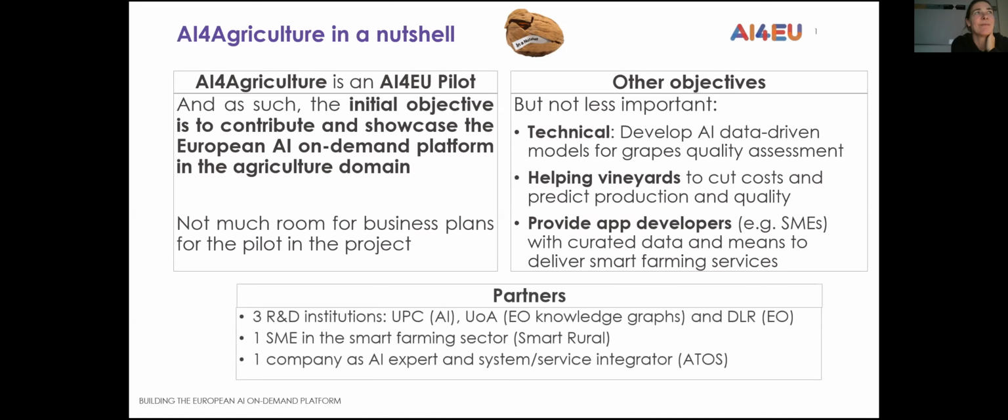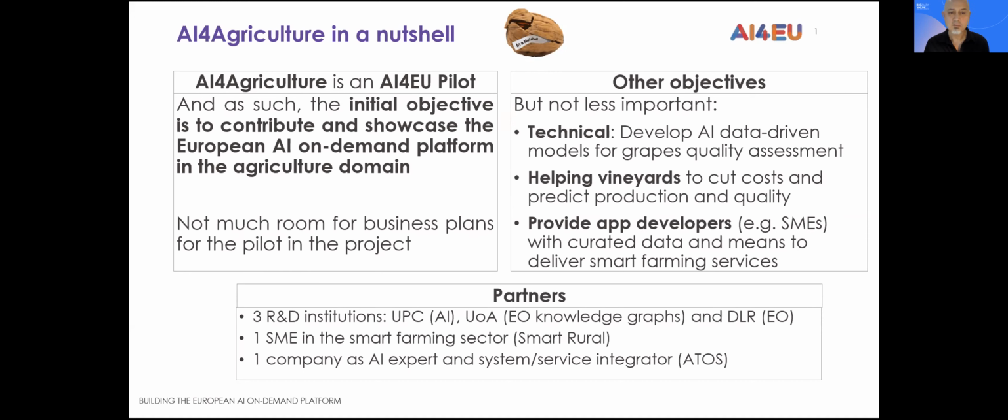So just mentioning very briefly that in AI for You, and I will go about this in the partner section of the DDI canvas, we have several partners that are working with us in this particular pilot. We have 3 R&D institutions that are well-known experts on AI, in the knowledge graph domain, and also in health observation.